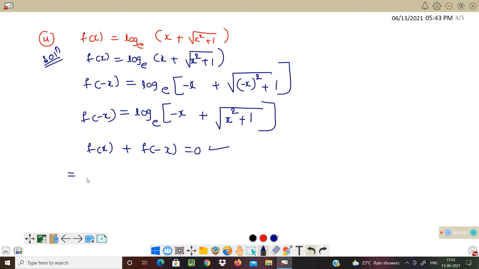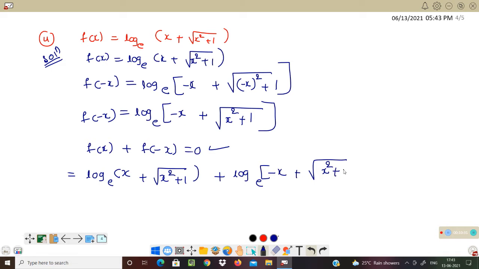F of x, which is nothing but log to the base e of x plus root of x square plus 1, and here this is log to the base e of minus x plus square root of x square plus 1.